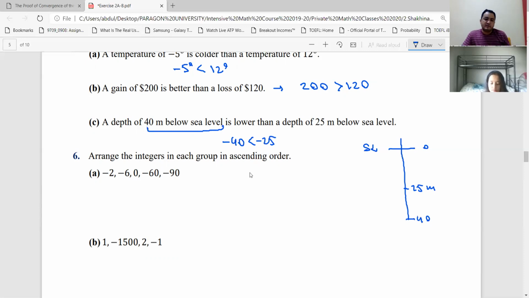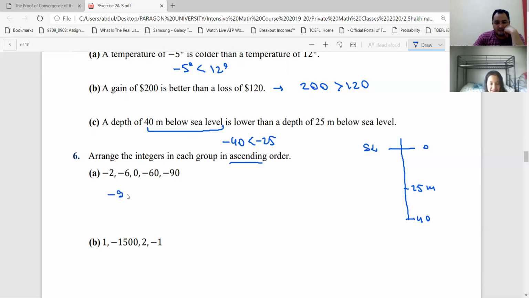Okay. Question 6. Arrange the integers in each group in ascending order. Does that mean greatest to least, or from the smallest to the greatest? Smallest to greatest, right? Okay.